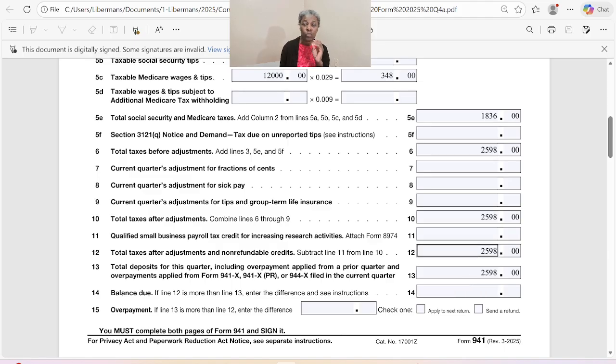If your line 12 is less than your line 13, you have a refund. That is what the IRS needs to refund you. It will go on line 15. And then you can select if you want them to send it to you, which will be this box, or if you want them to keep it so that you can apply it to the next return. You will check one of those 2 boxes.